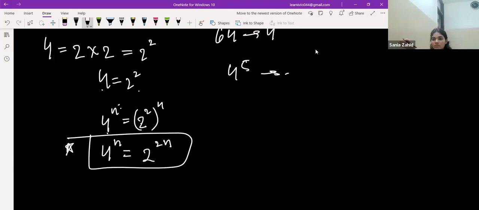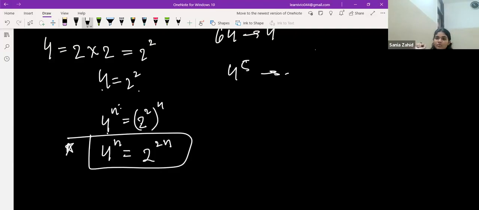Whatever 4 to the power n is, for example 16, 32, 64, it will have only 2 as its factor, like 2 into 2 into 2 into 2 into 2 into 2 and so on. It will not have any other number as its factor.